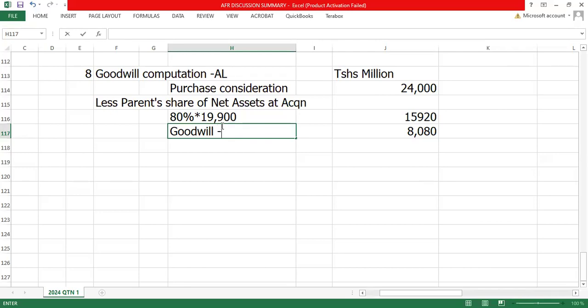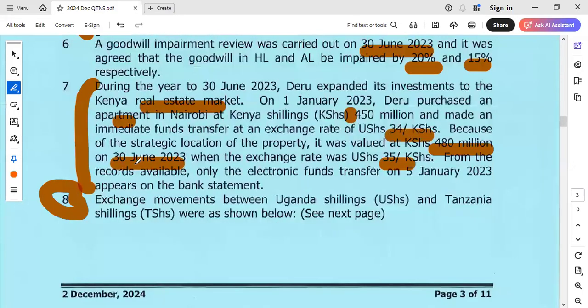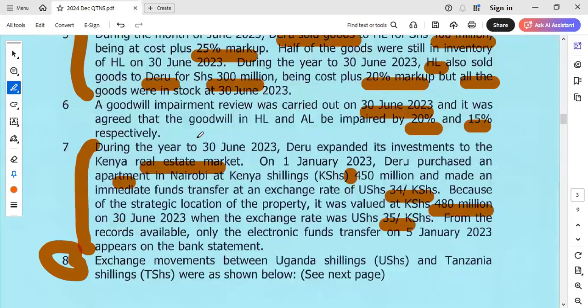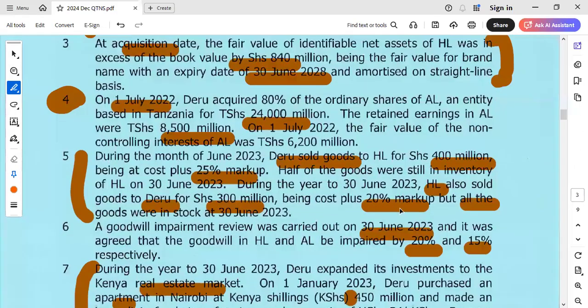But still, when you look at our question, they told us that at the date you acquired this, what was the fair value of NCI? 6,200.